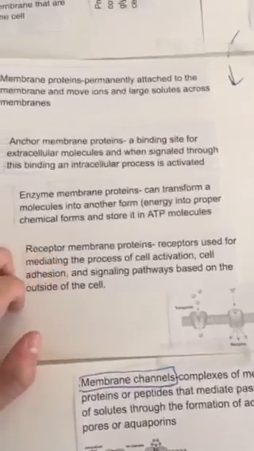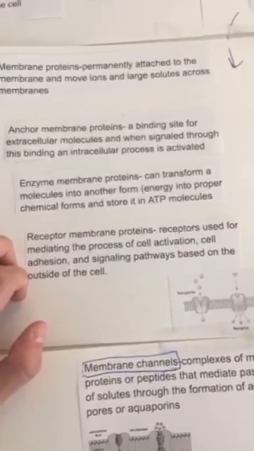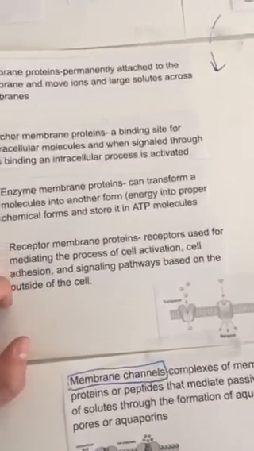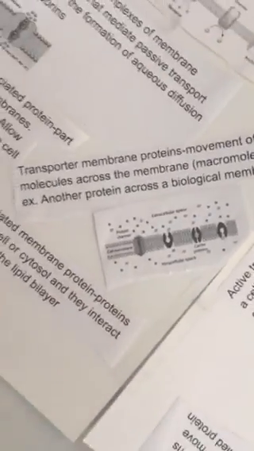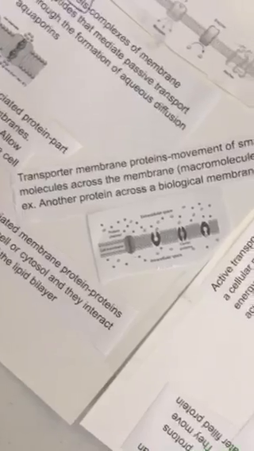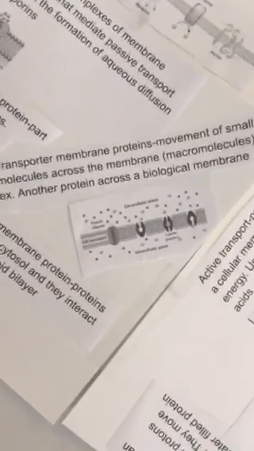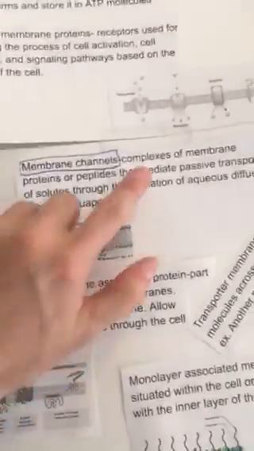Receptor membrane proteins are receptors used for mediating the process of cell activation, cell adhesion, and signaling pathways based on the outside of the cell. And then transporter membrane proteins are the movement of small molecules across the membrane, macromolecules. So that's the overview of the membrane proteins, and then we go into membrane channels.